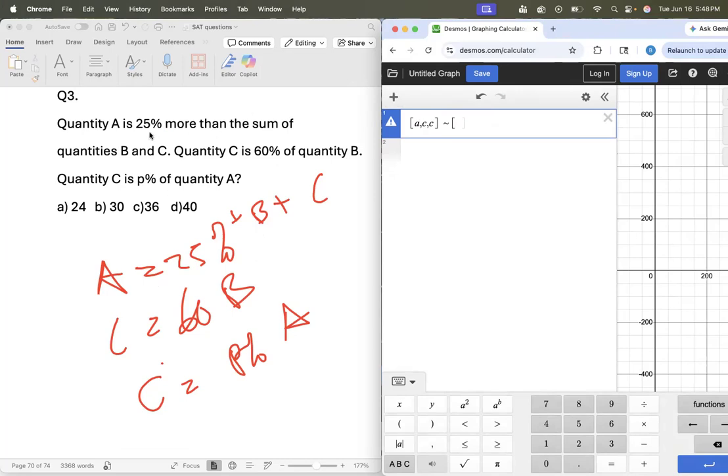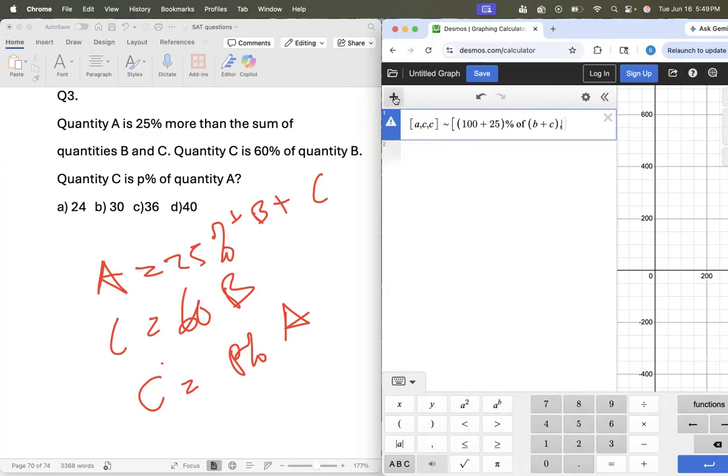25% more, it means 100% plus 25. You can change it into a fraction, right? So that's the first thing. Of, so percentage of what? The sum, the quantity B and C. So B plus C, that's the first.